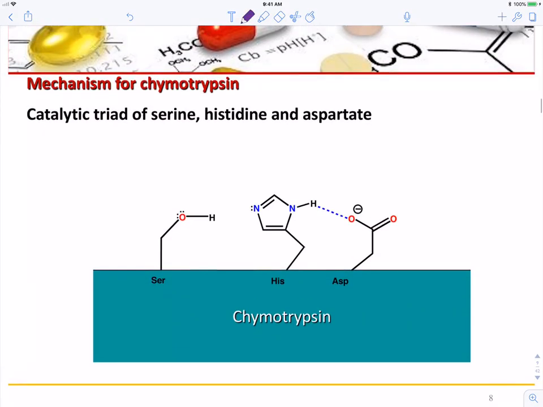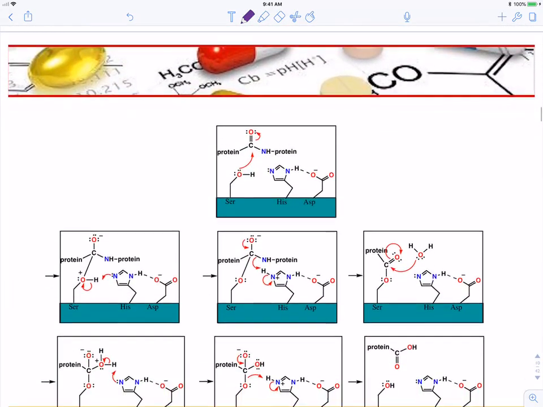So let's look at the very common mechanism for many proteases, which are based on a catalytic triad of serine, histidine, and aspartate. And here we will see our example amino acids, serine and histidine, act in the two roles. So first, the mechanism by which chymotrypsin can break a bond relies on these two amino acids mainly.